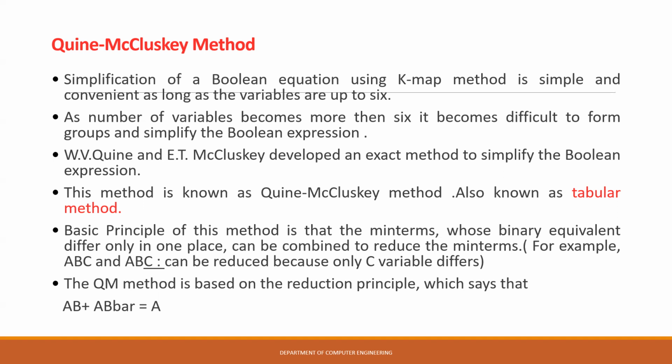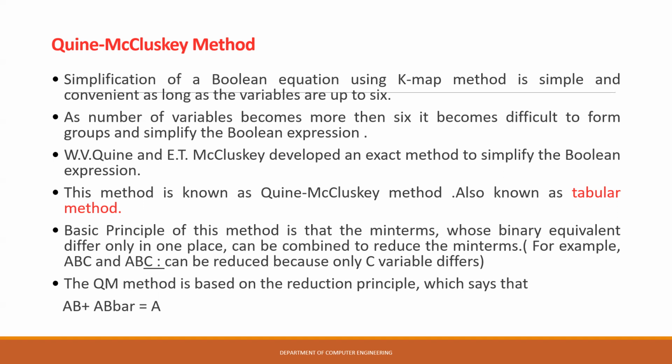For example, consider the two minterms ABC and ABC bar. This can be reduced because only the C variable differs. A and B are both the same. Only C and C bar are different. One variable changes there, that's why we can minimize these two minterms.